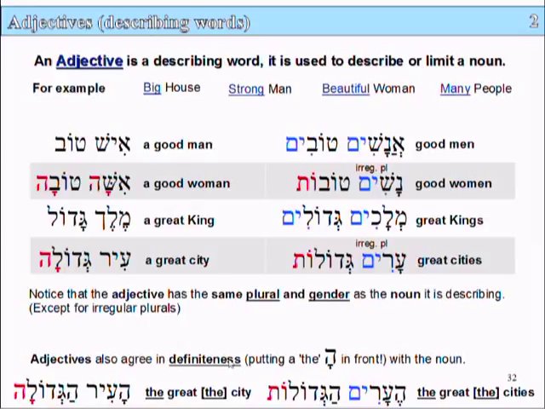So if the noun has a hey in it, the adjective also has a hey. So that's adjectives, describing words. That's how we put them together with the nouns in Hebrew.